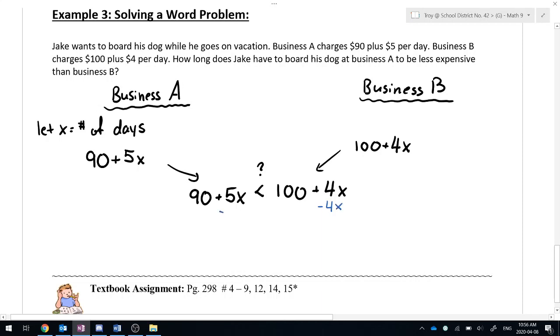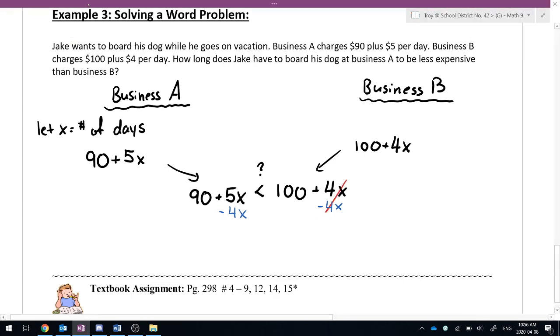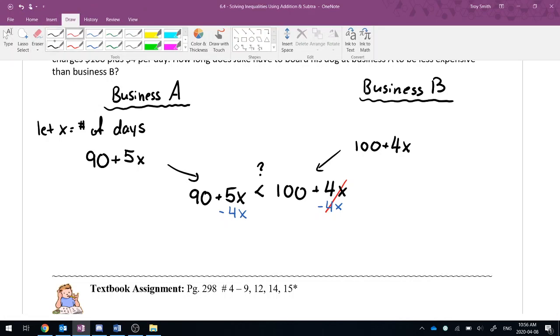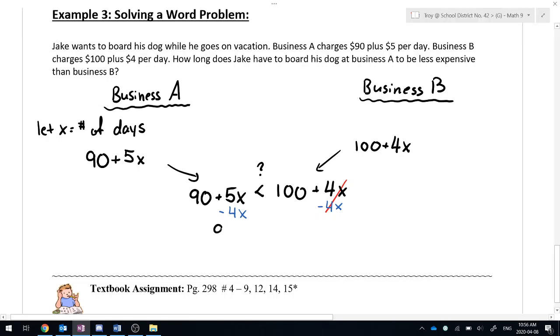We want to use the opposite to move it. Okay, so when I do that, the 4x's cancel out. So I'll get 90 plus, well, 5x minus 4x. That just leaves us with 1x.